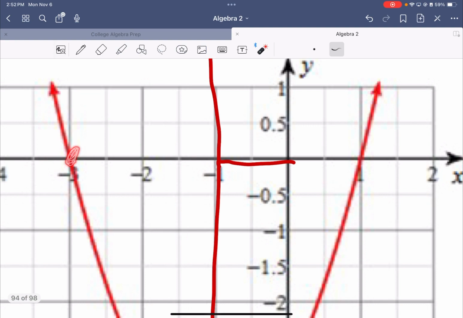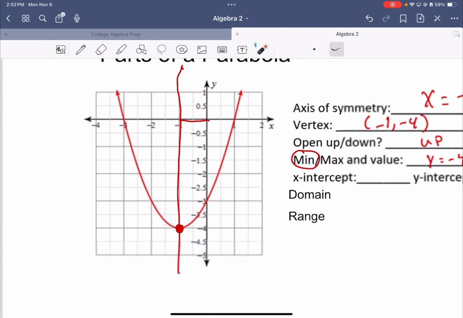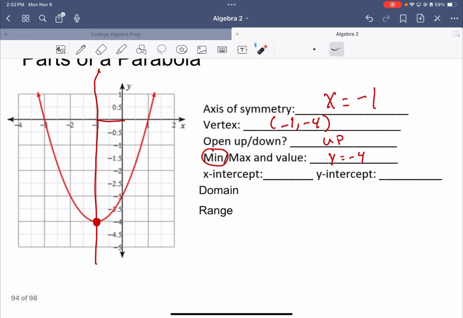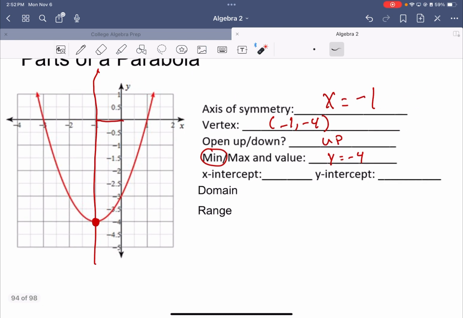It crosses at -3 and it crosses at 1. So the x-intercepts here are -3 and 1. That's where it crosses the x-axis. And that's something we're going to work on this chapter: how do I find it if it's not graphed for me?